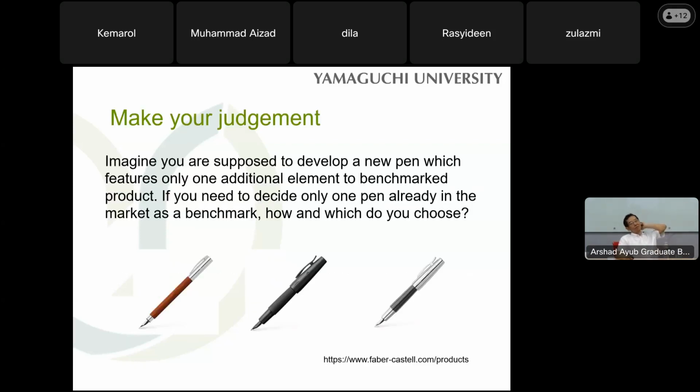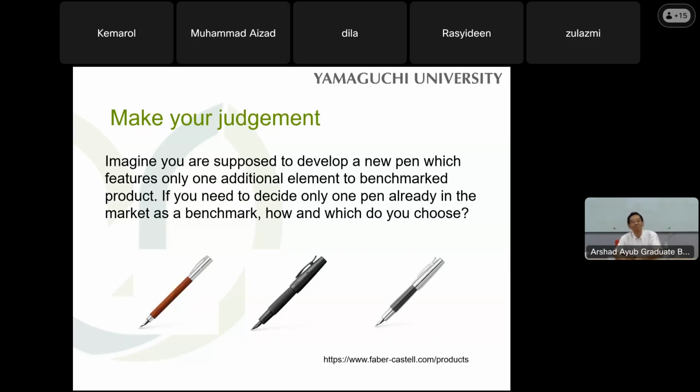So, to make you a little bit more knowledgeable about what innovation means, I start with a hypothetical story that you will be the project manager to develop a new pen.